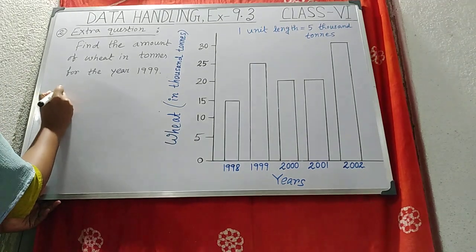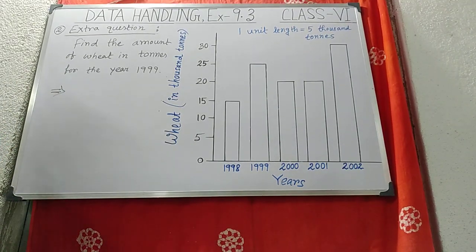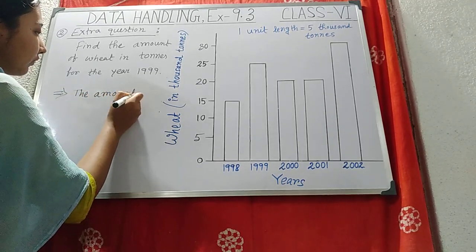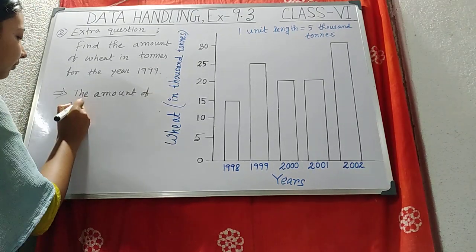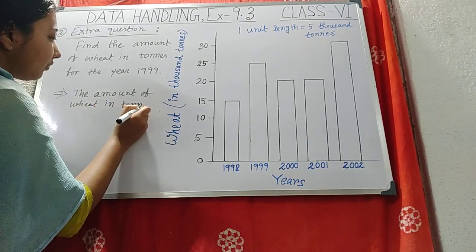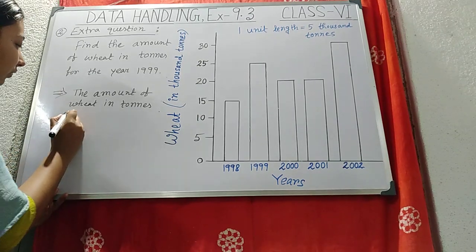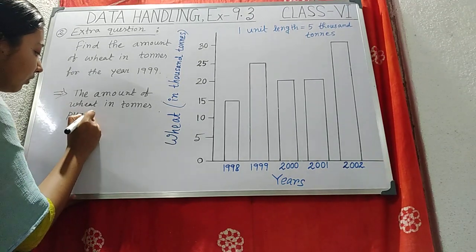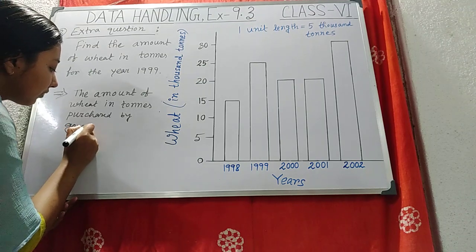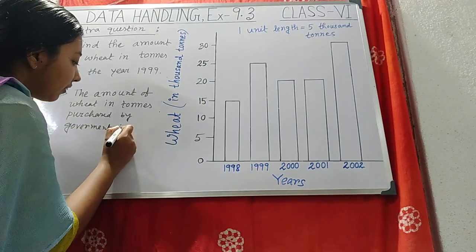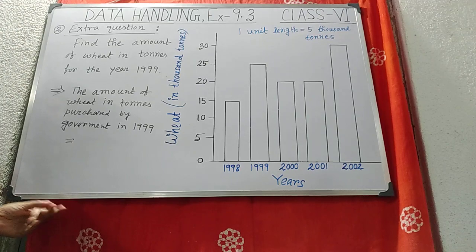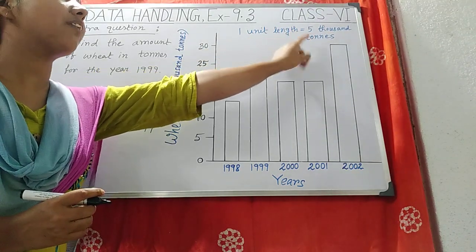So for answer it will be the amount of wheat in tons purchased by government in 1999 equals to, here it is written 1 unit length equals to 5000 tons.